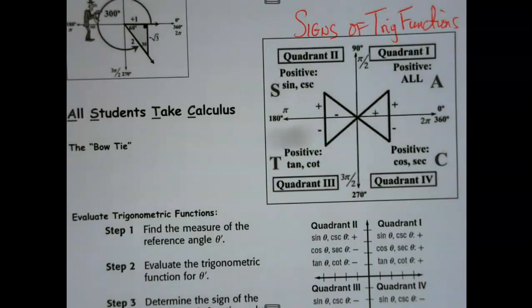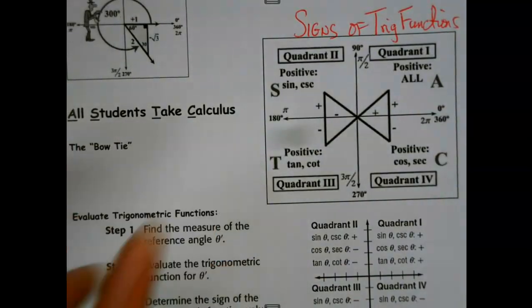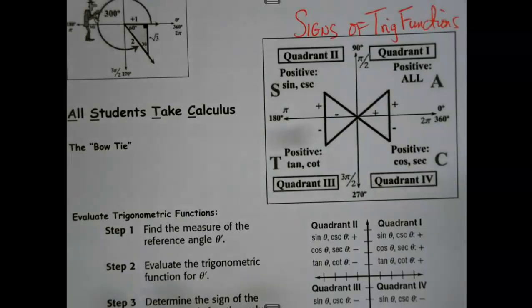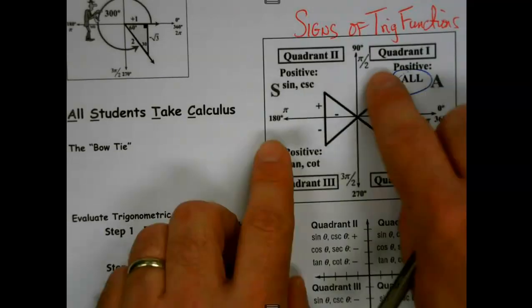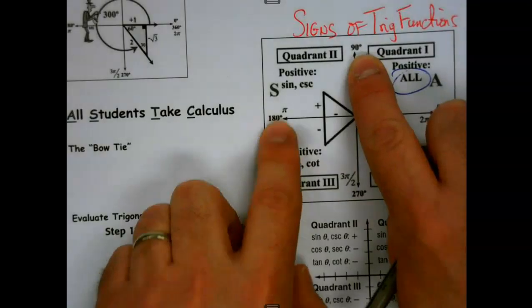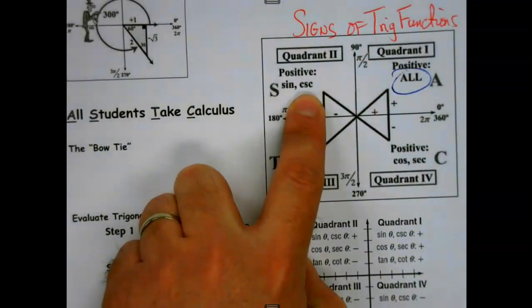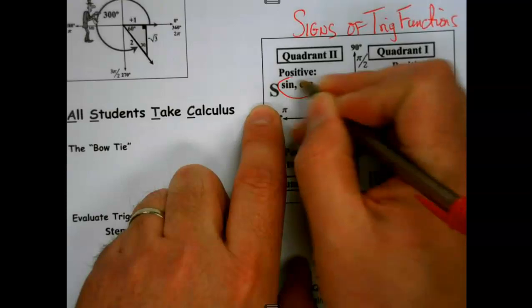So here's how this works, and here's where this little all students take calculus mnemonic comes into play. In quadrant 1, everything is positive. Sine, cosine, tangent, all their inverses, everything's positive and happy between 0 and 90. When we get to quadrant 2, only sine and its inverse cosecant are positive.